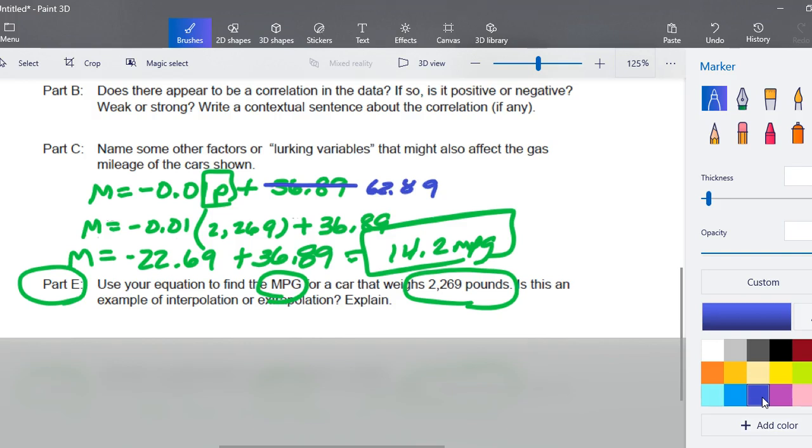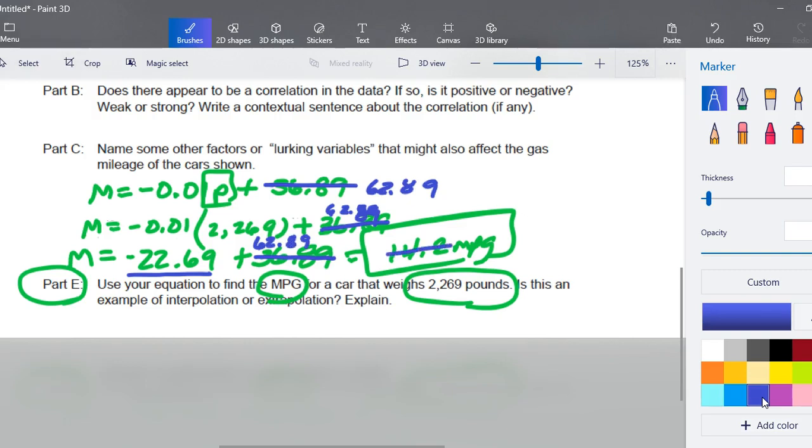So I would still plug in the 2,269. I just need to make sure this is 62 and 89 hundredths. I would still multiply these two together, but I would not be adding in the 36. I would be adding in 62 and 89 hundredths.